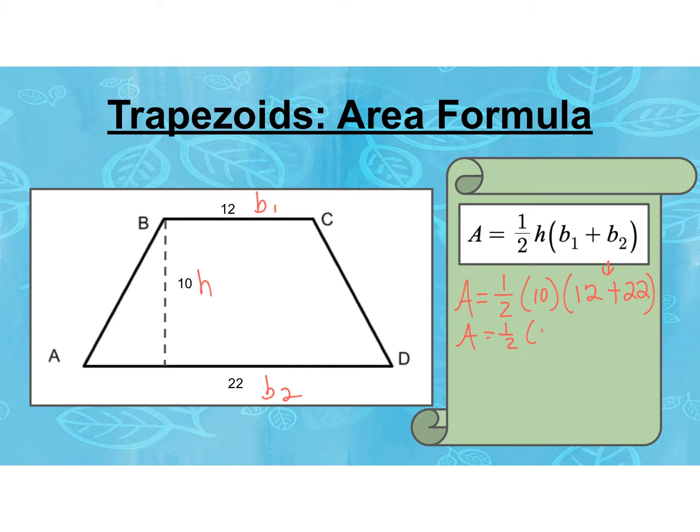So I have 1/2 times 10 times 34. So this is not distributive. This is all just multiplying now. So I can do 1/2 times 10 and get 5 times 34. So it's not 1/2 of 10 and 1/2 of 34. And when you multiply those together, you get an area of 170 units squared.